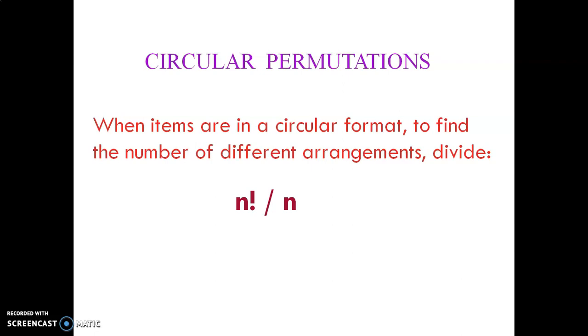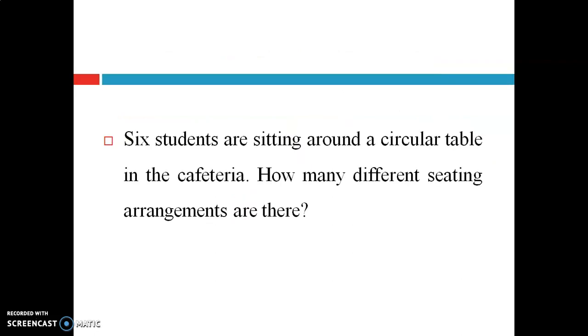Suppose there are n atoms, then the circular arrangement count is n factorial upon n. In the normal linear case the formula is n factorial only. Here we divide n factorial by n in case of circular arrangement.